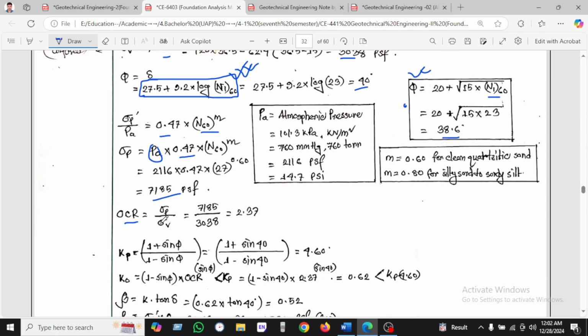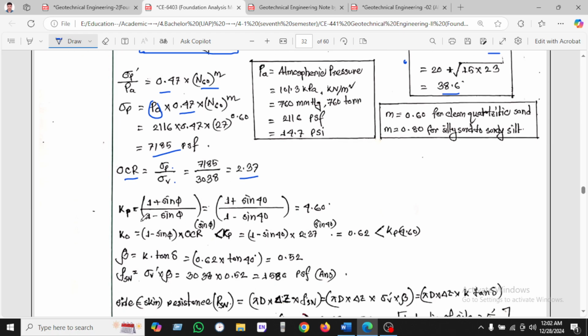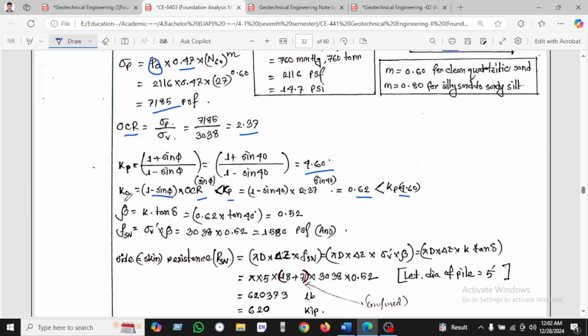So our consideration ratio, OCR, sigma P divided by sigma vertical, and found 2.69, and Kp, the coefficient of passive, 1 minus sin phi divided by 1 by sin phi, and found this value, and K naught is 1 minus sin phi into OCR to the power sin phi, greater than passive, and found 0.62, which is passive. We have found 0.62. So this is okay.